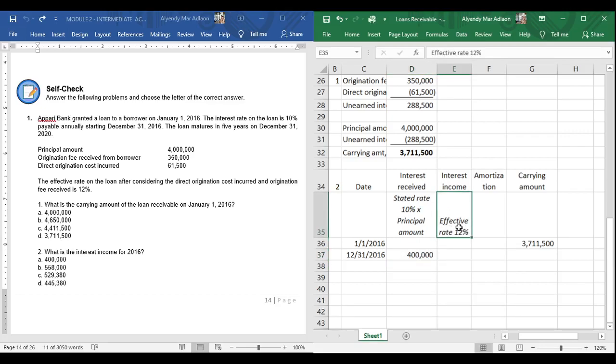The effective rate is based on the initial measurement.